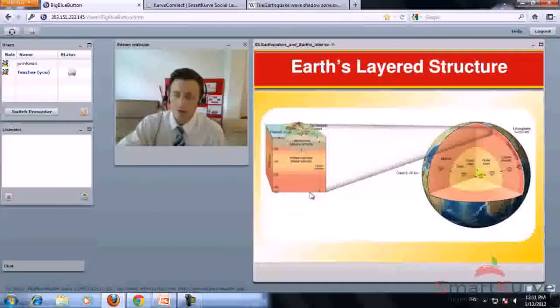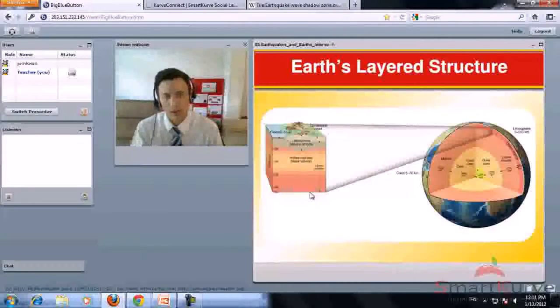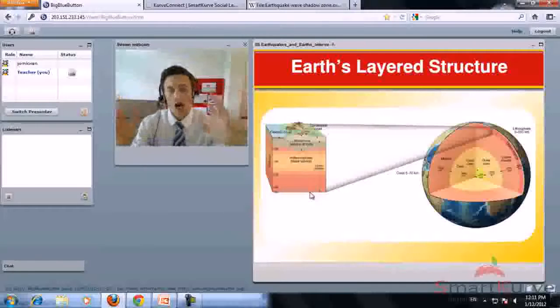As we move down into the next level, the outer core, that light yellow area of the outer core, that's where we're going to find heavier metals like iron and nickel. The reason for this is because in its early days, when the Earth was very, very hot, all of that rock was hot, molten, liquid rock.